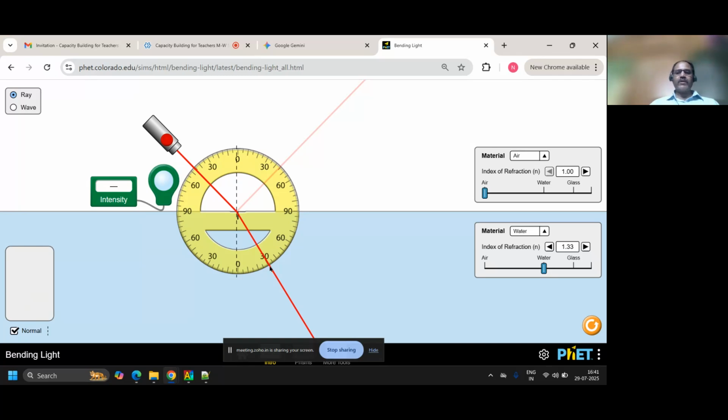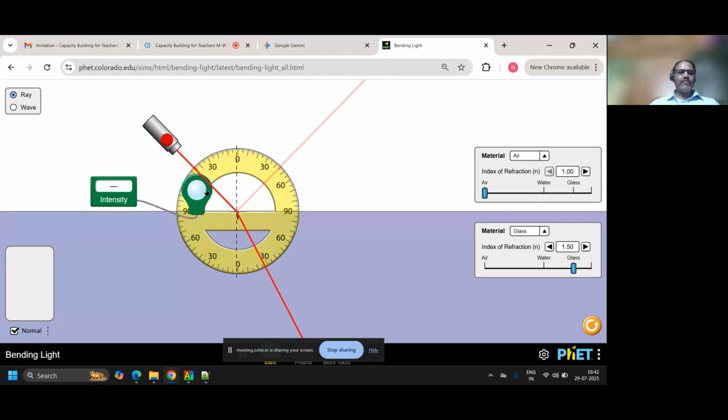Now just watch. Instead of water, I'm changing the medium to glass. When I change it to glass, you can slightly see the difference.